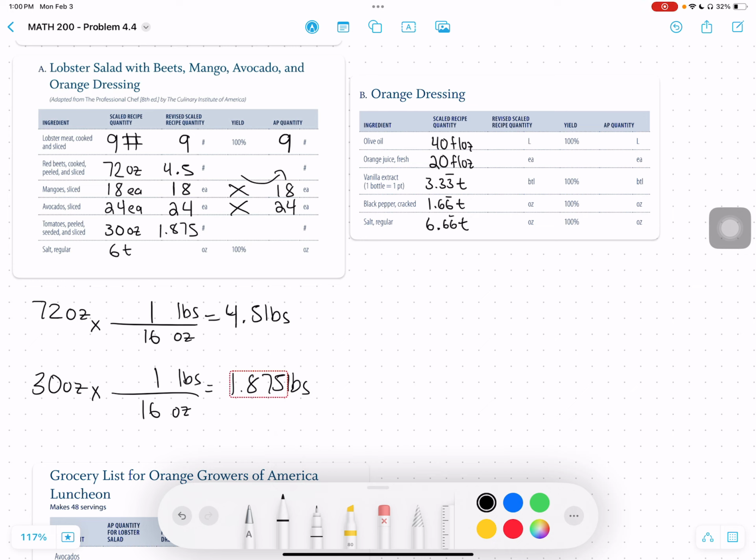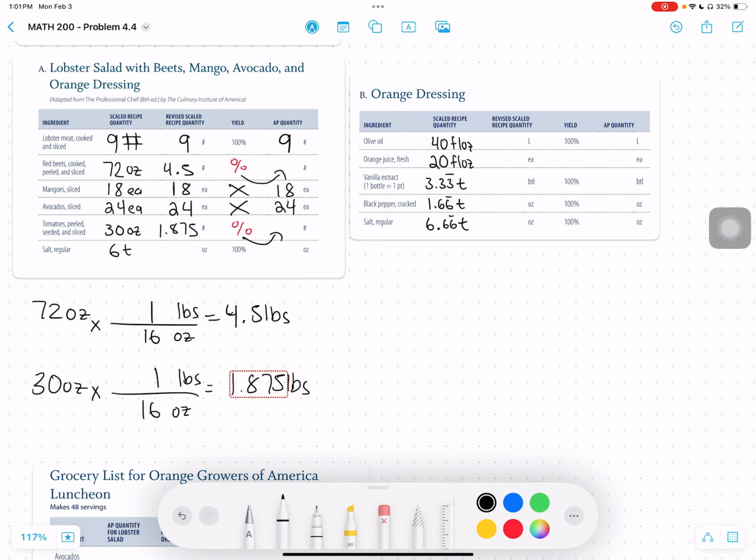Then I have to use some yield conversion here. The percent yield, you have to look this up in the book of yields, the same as for red beets. Why is that? Because this is written by the measurement in the recipe. So you put it through the yield formula, and then you write the AP quantity there. I'll let you guys do that.